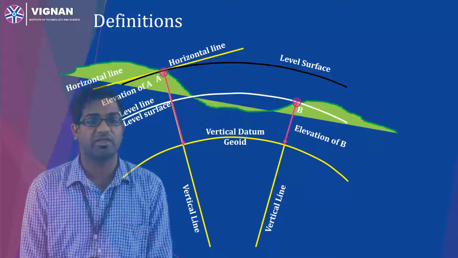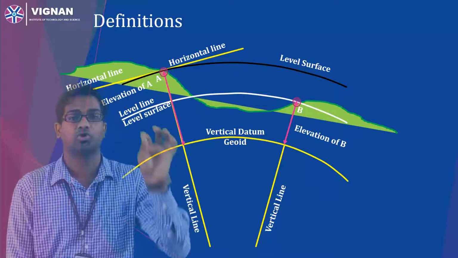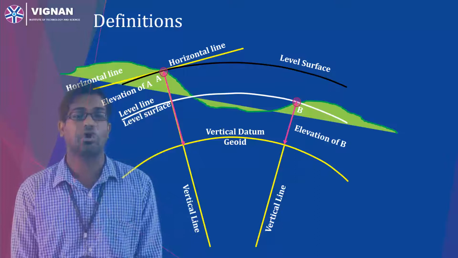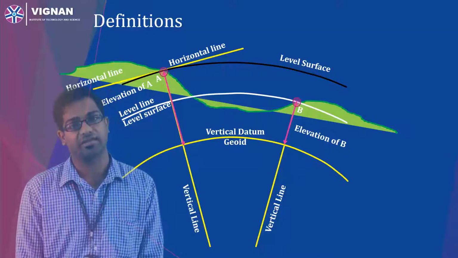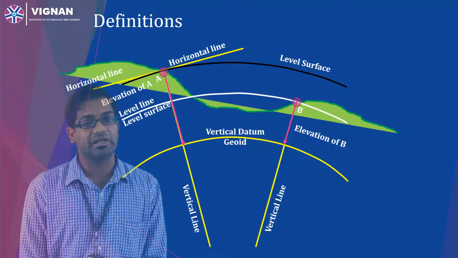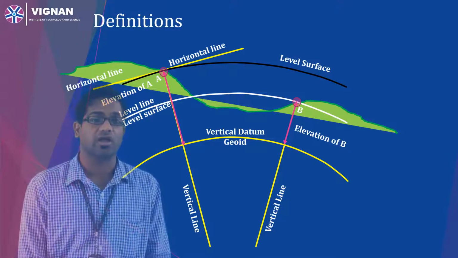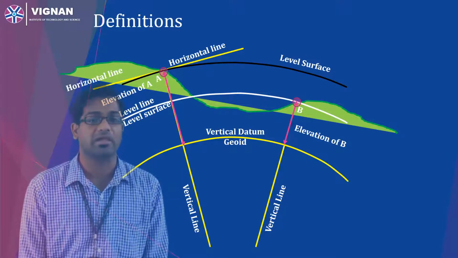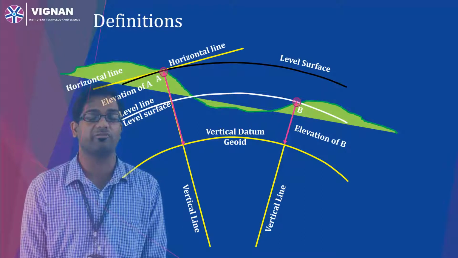The distance between the vertical datum and point A is called the elevation of A. The vertical distance between the geoid and point B is called the elevation of B.